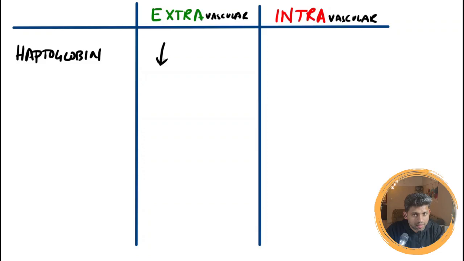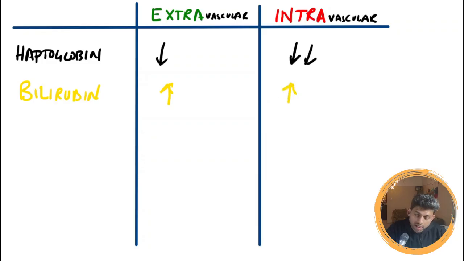But in intravascular hemolysis, since lot of hemoglobin is released into the circulation, lot of haptoglobin needs to get attached to hemoglobin. So haptoglobin levels are drastically reduced. Now bilirubin levels. Unconjugated bilirubin levels are raised in both extra and intravascular hemolysis.